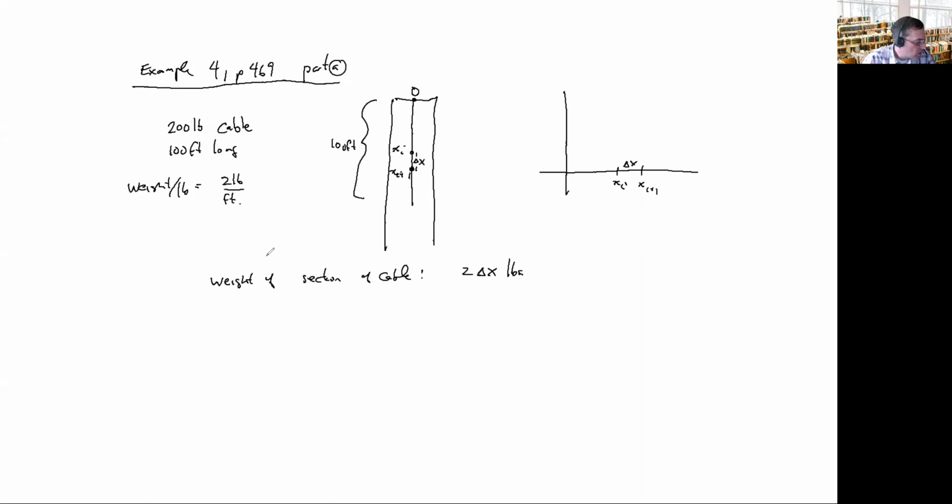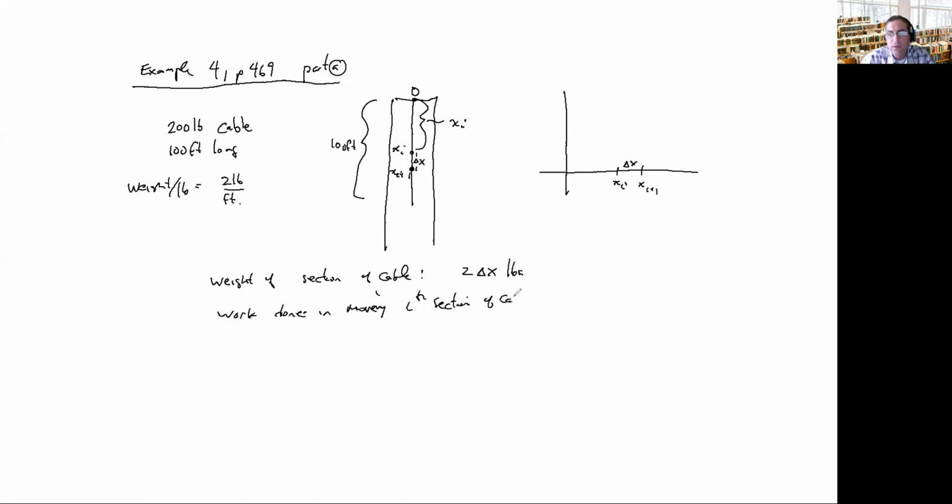So what's the total work done in moving the ith part of the cable all the way to the top? Well, the distance is given by xi, right?